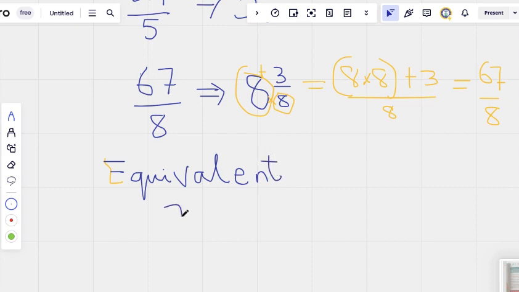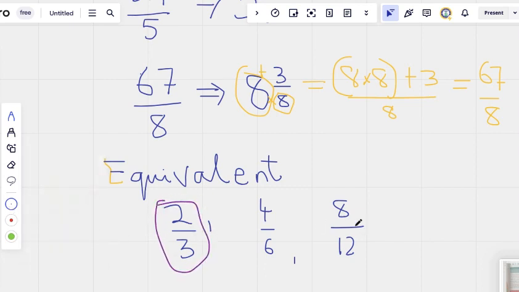For example, if I have 2 over 3, and you have 4 over 6, you have 8 over 12, they are equivalent fractions. Why? If you reduce these to the lowest term, you get the original basic fraction.